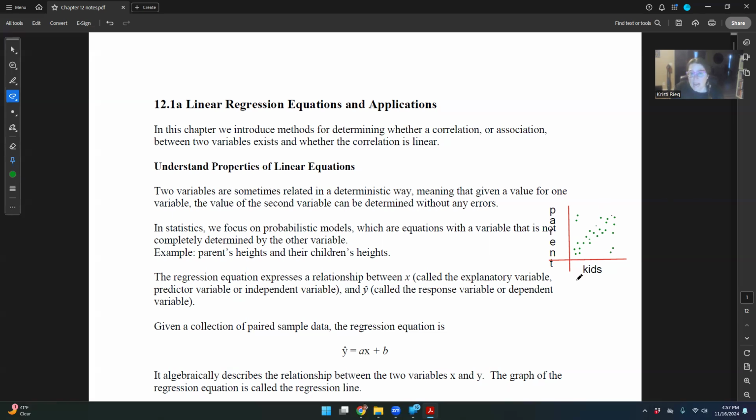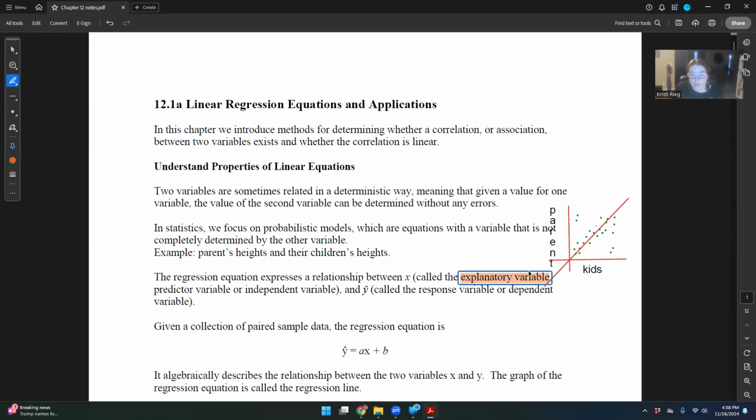So it's not exact, but you can generally come up with a relationship between the parents' heights and the children's heights because they generally follow a line. Let me just draw a line in here and you can see it kind of follows along that line. We have some outliers, but mostly on that line. Here we have the regression equation, which expresses a relationship between x, which is called the explanatory variable.